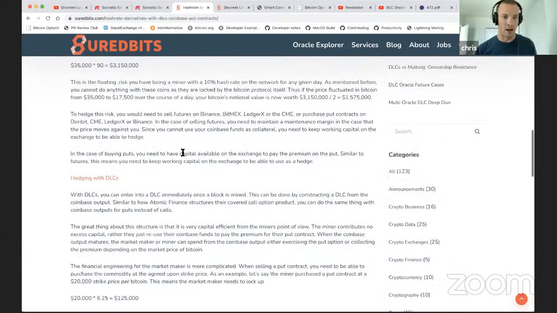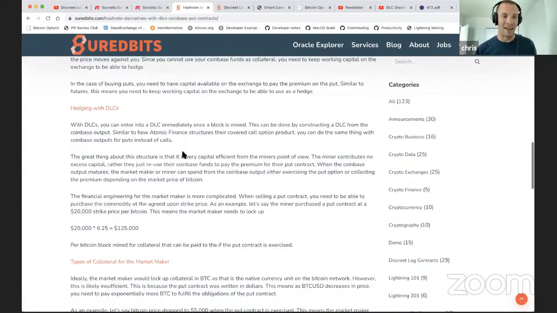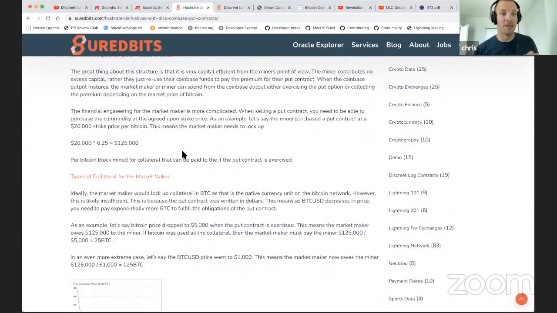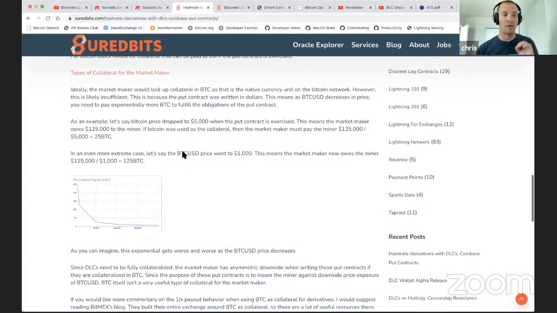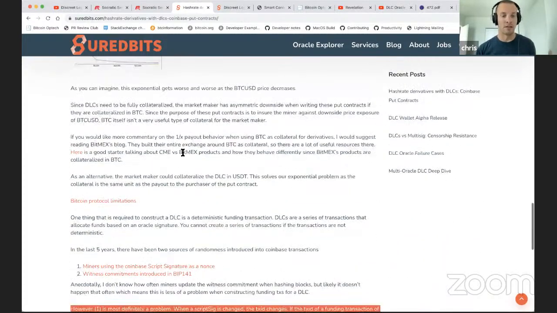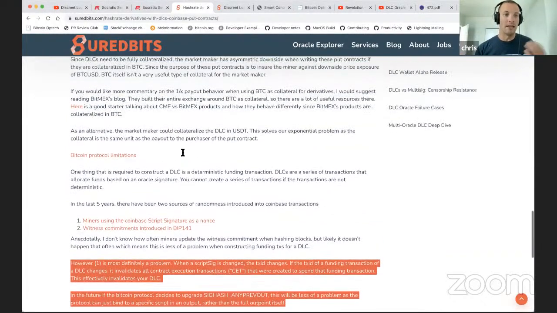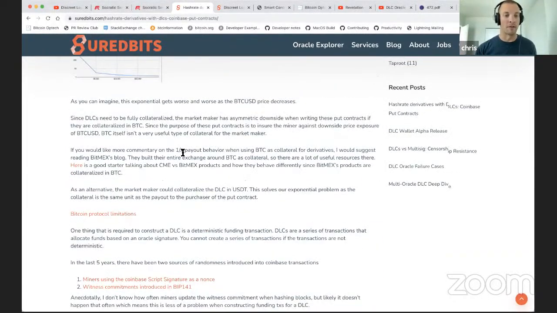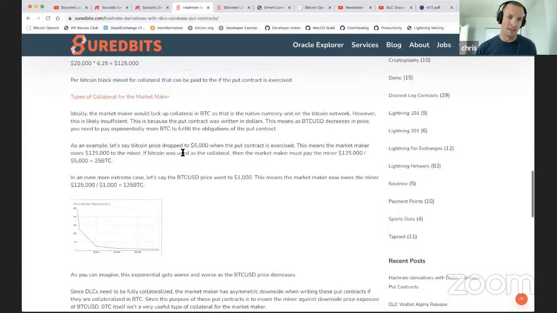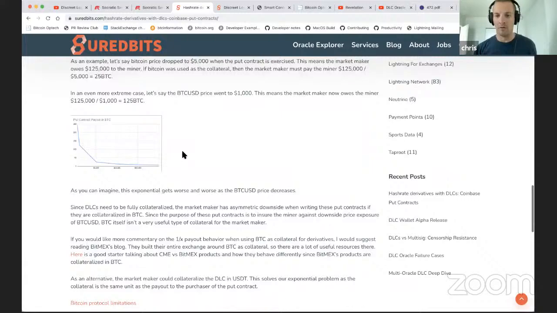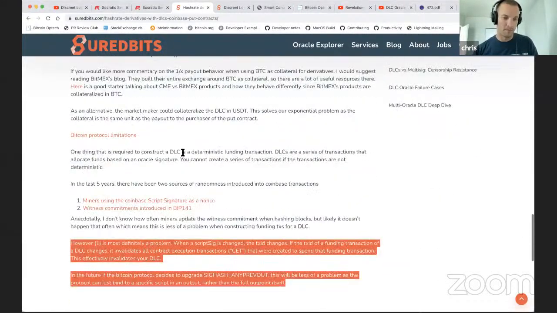With any prev out, you abstract away what the specific funding transaction is. Rather, you say it just has to match this template, and you can bind it to any transaction that follows this template, which makes things like what I talk about in this blog post here more viable in the market.